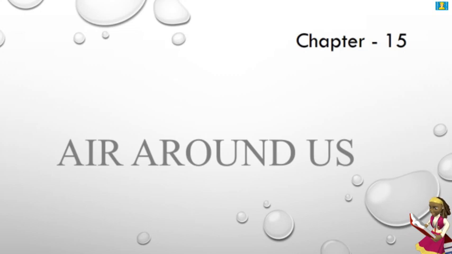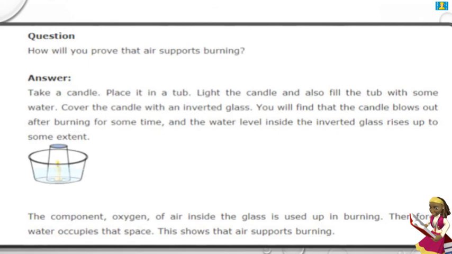Chapter 15, Air Around Us. And the first question is, how will you prove that air supports burning? Answer is, take a candle, place it in a tub, light the candle and also fill the tub with some water. Cover the candle with an inverted glass.